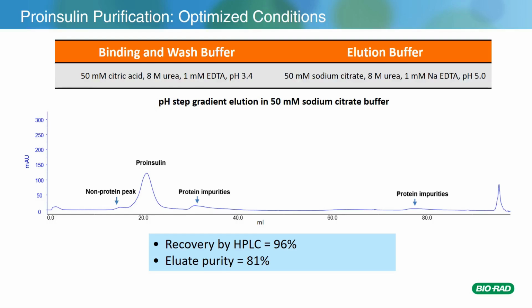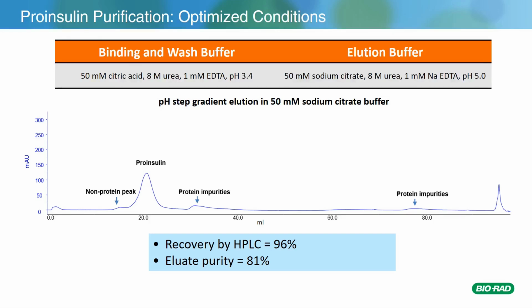These are the final optimized conditions for the proinsulin purification. Binding and wash was 50 millimolar citric acid, 8 molar urea, 1 millimolar EDTA at pH 3.4. And the elution buffer was pH 5.